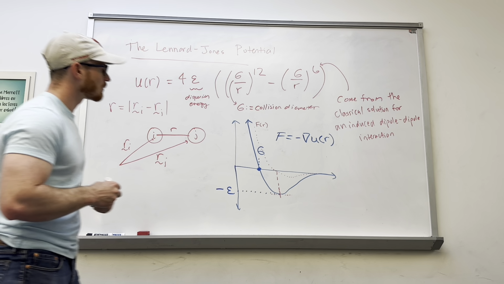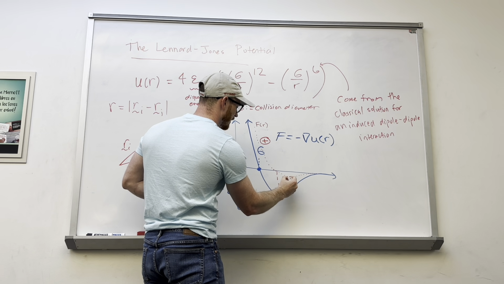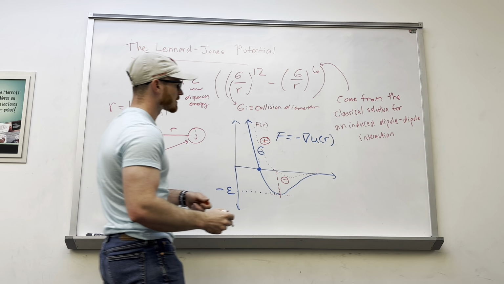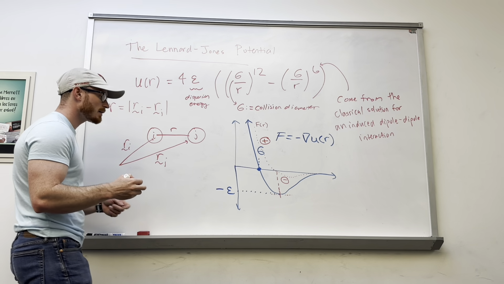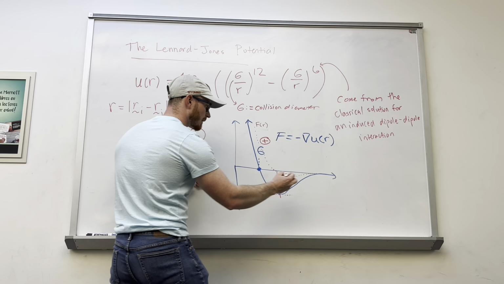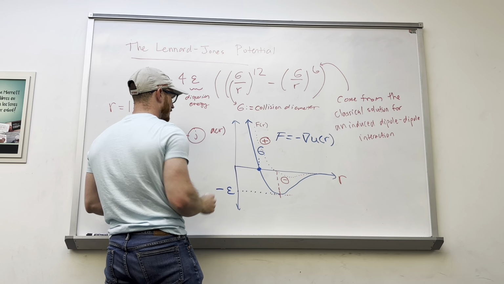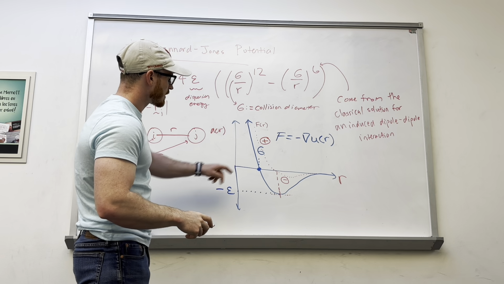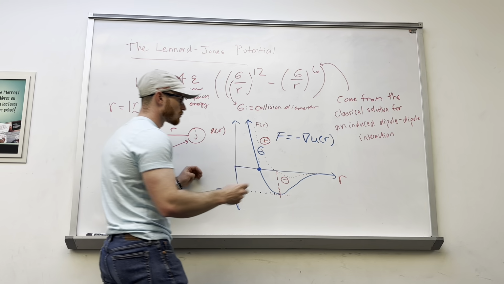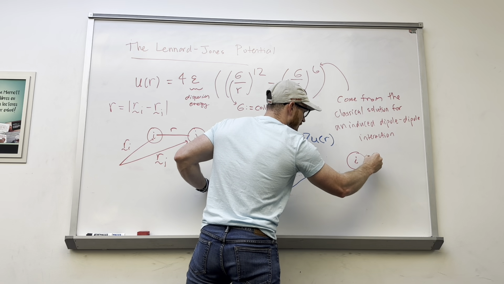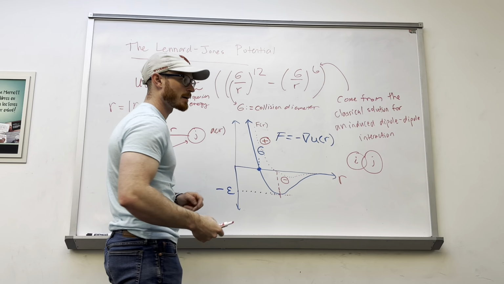So what does that mean? What does it mean when the force here is positive, the force here is negative? Well, you can think, this is R along this axis here, and this is U of R. What you can think of is if R is really small, these atoms are really close together. In fact, if they're over here, they're essentially overlapping.